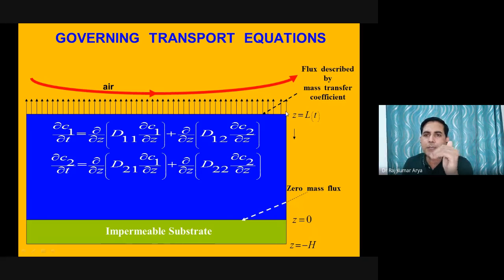What will happen on the top side? From here the mass is going out of the coating, so it always tries to dry faster. So there would be a huge variation in this particular top segment. So here I want an element size which is very small, so that I can capture that steep concentration profile.